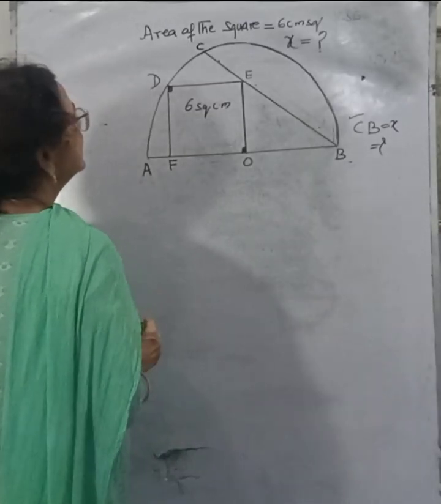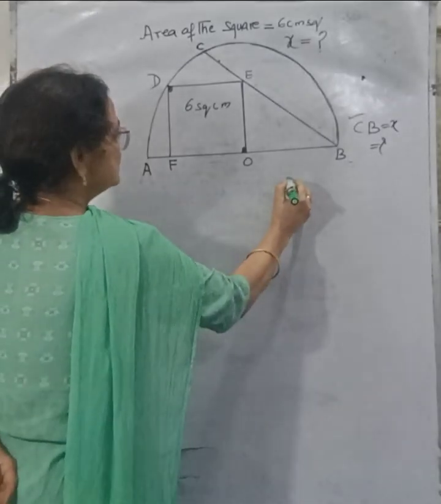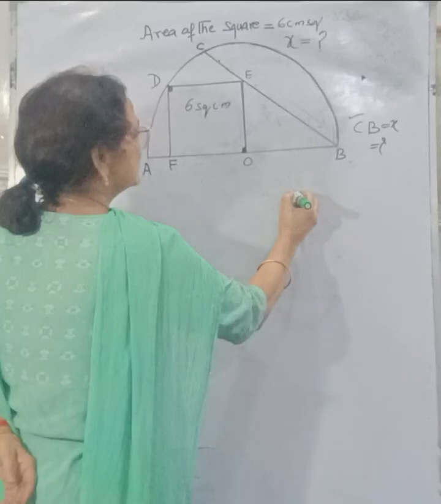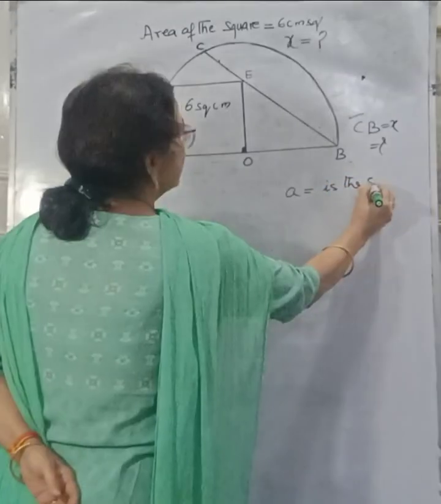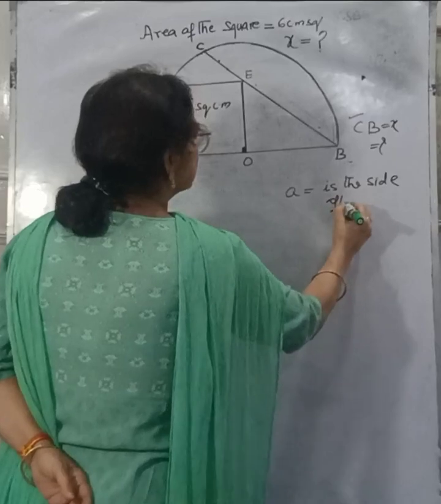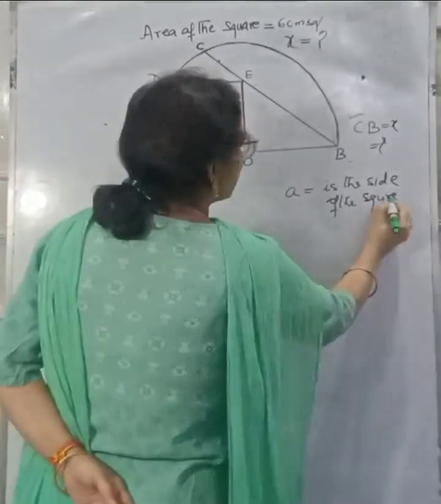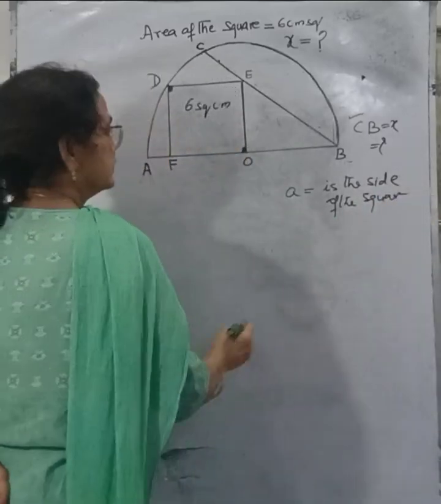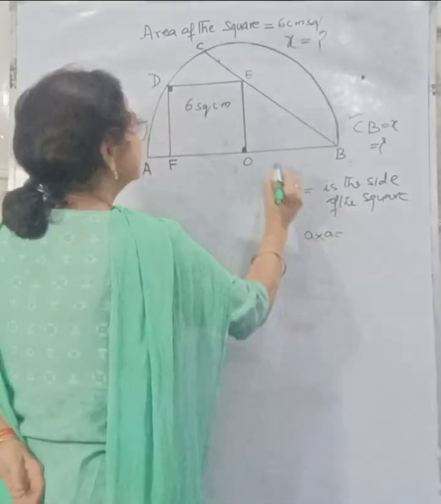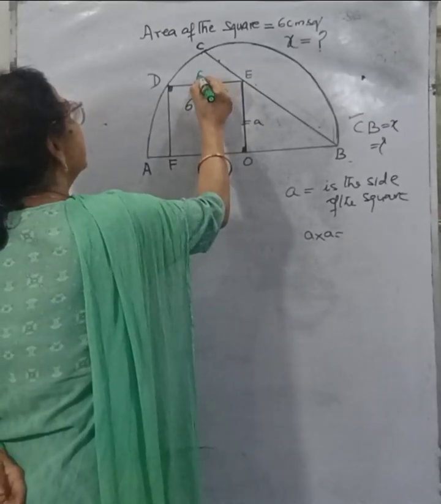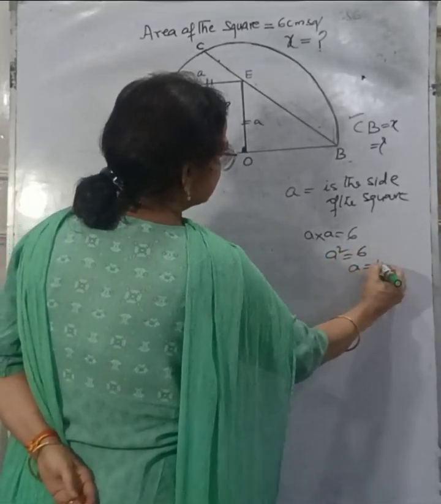What we can do? Because it is a square and the area is equal to 6 centimeter square, let's suppose one side of the square is A. Then the area will be A into A, because this will be also A and this will be also A. This will be equal to 6, or we can say A square is equal to 6, or A will be equal to root of 6.